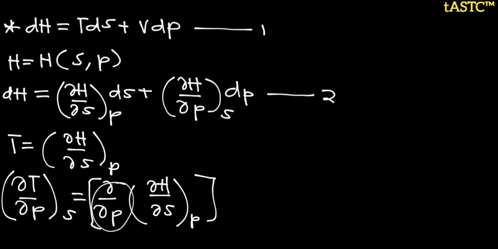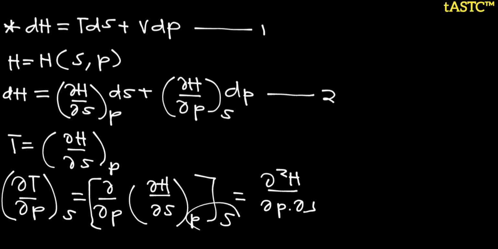We know that this derivative should work at partial S. And let us multiply everything. We're going to have a d squared H divided by dP dS. We have the derivative of both functions, so there is not going to be any constant right there. So that is what we have for the first.